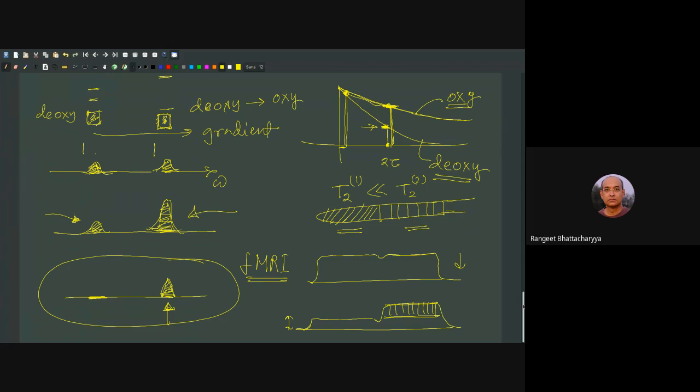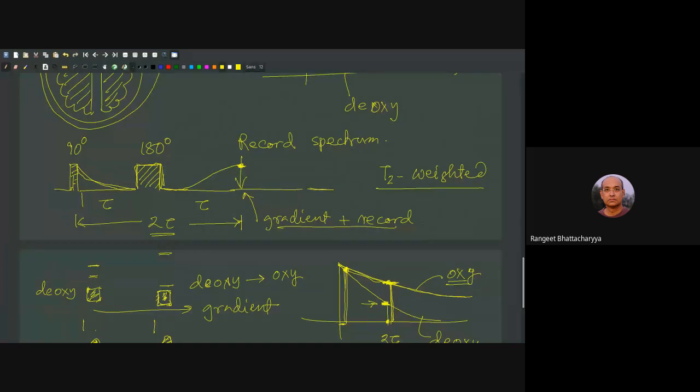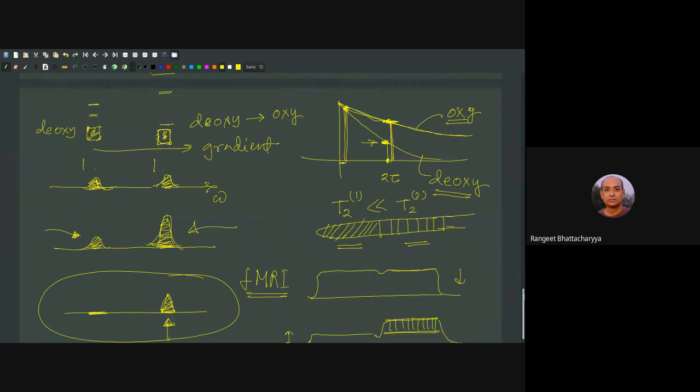But if you look at this curve, you already know the answer. If I can record a spectrum without doing the spin echo, immediately after the 90-degree pulse, instead of waiting for spin echo, then nothing has decayed.